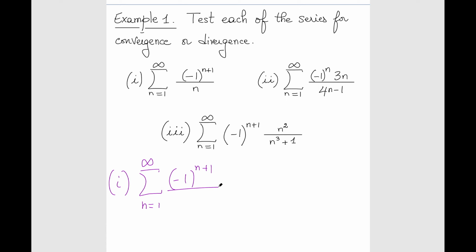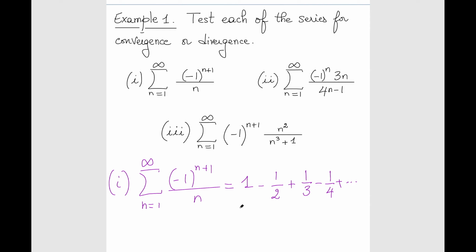The first term, when n is 1, the numerator is 1 and the denominator is 1, so that's 1. When n is 2, the numerator is negative 1 and the denominator is 2, so minus a half. Then the third one is plus 1/3, minus 1/4, as you can check, plus, etc.